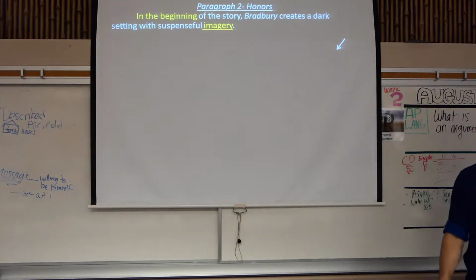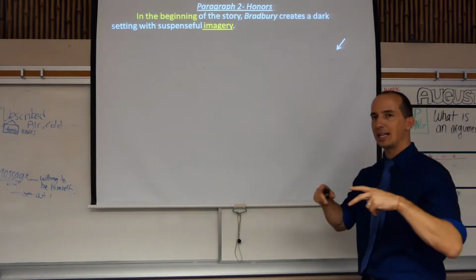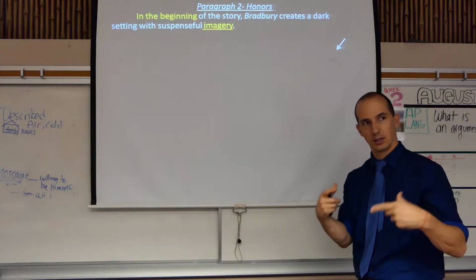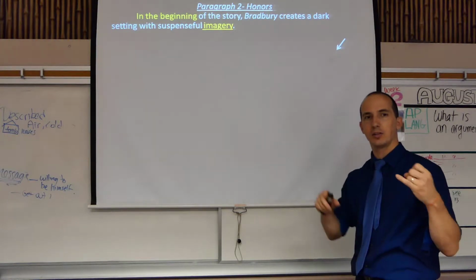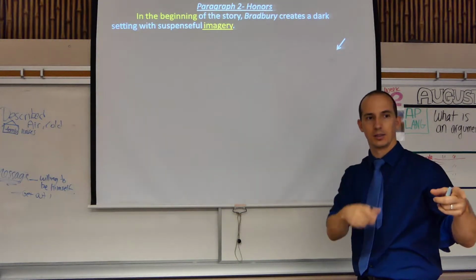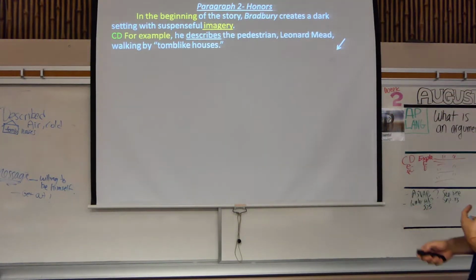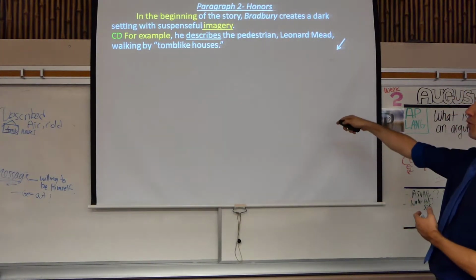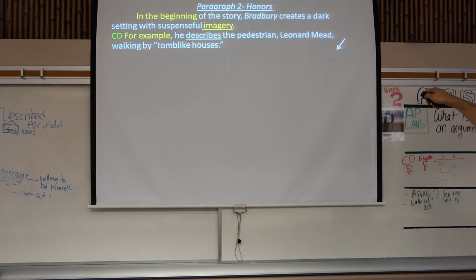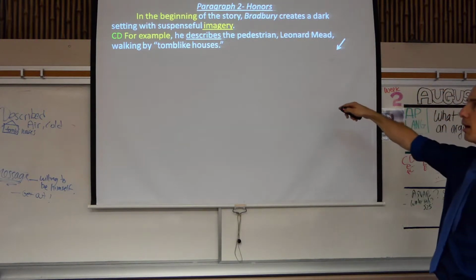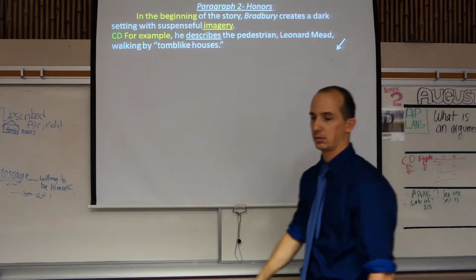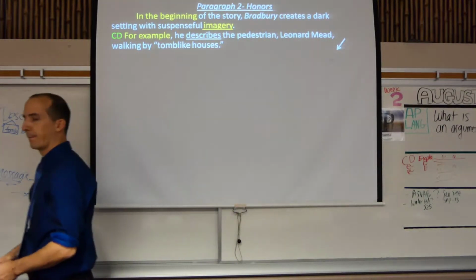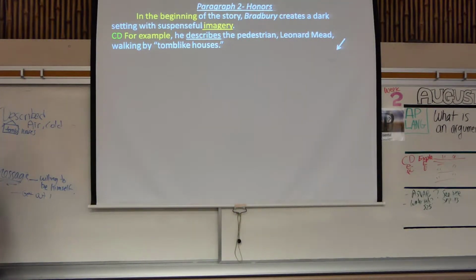He's walking down, and it was like walking in a graveyard, and the houses were like tombs. So the first one we'll write down, just because it's a good one. For example, he describes the pedestrian, Leonard Mead, walking by tomb-like houses. Please write that down. You don't have to write down the top, though. You know where it says what effects? You don't have to write that down.